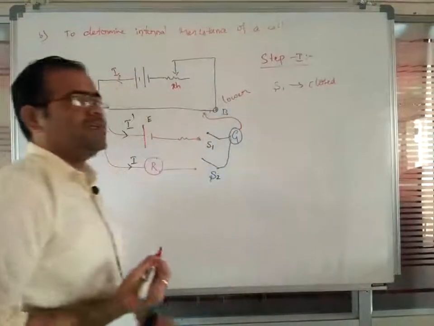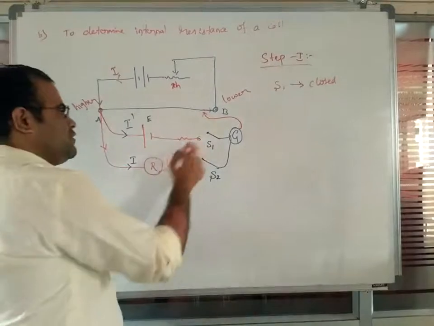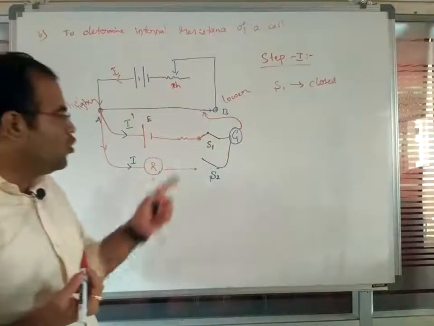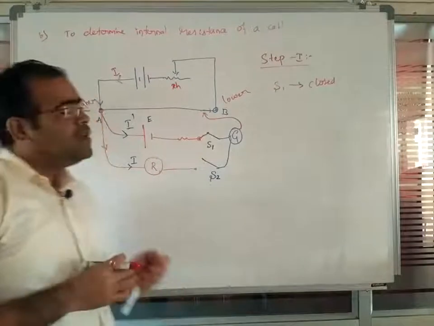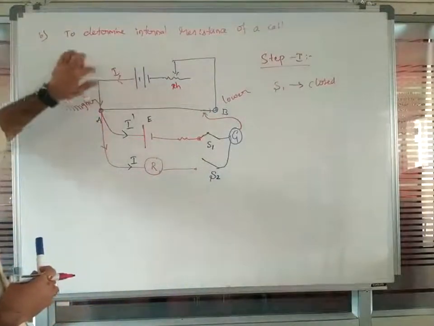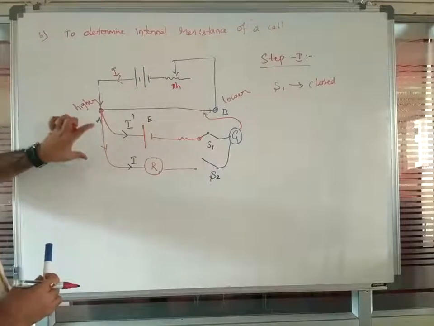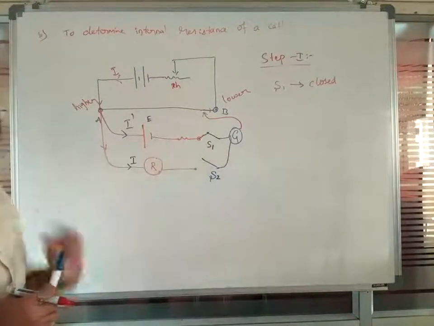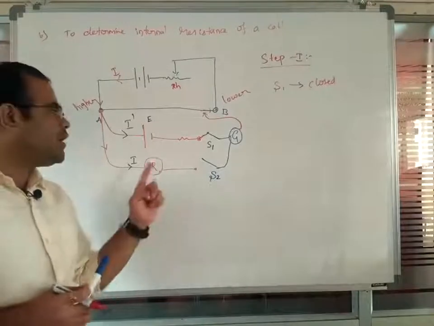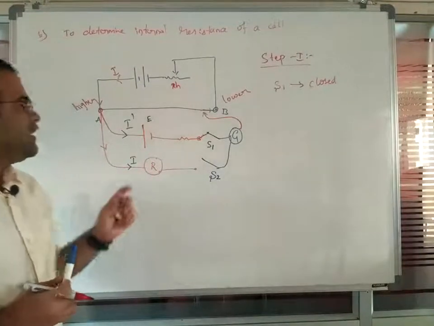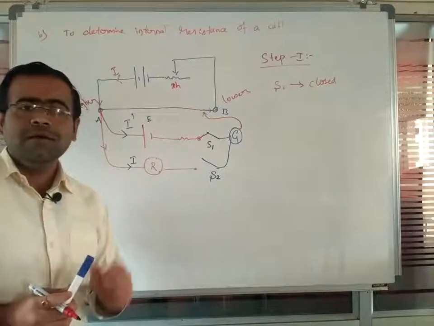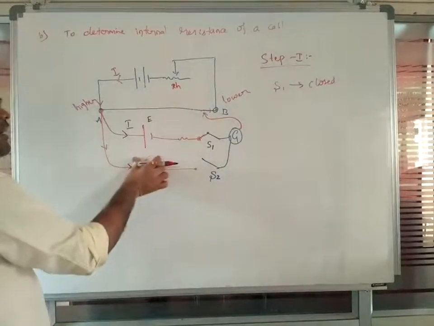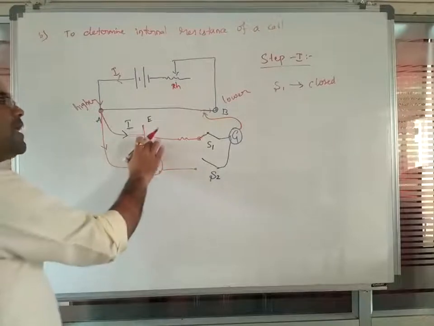If S1 is closed like this, whatever amount of electric current is drawn is not at all moving through the resistor R. It is not moving through this resistor, but the entire current is flowing through the EMF of the cell.